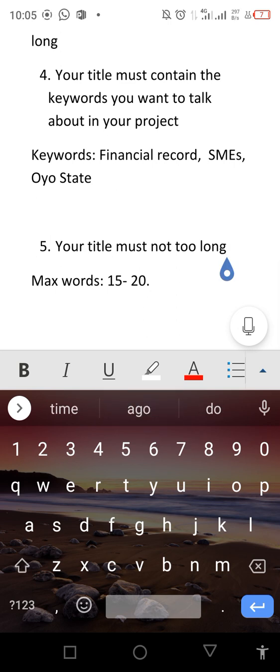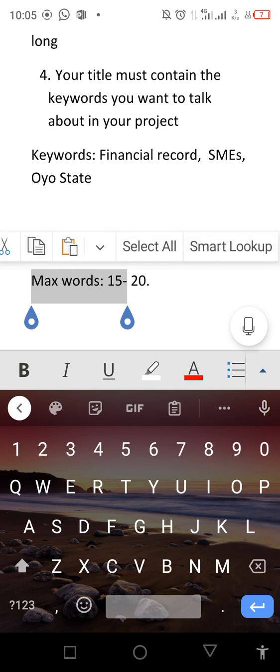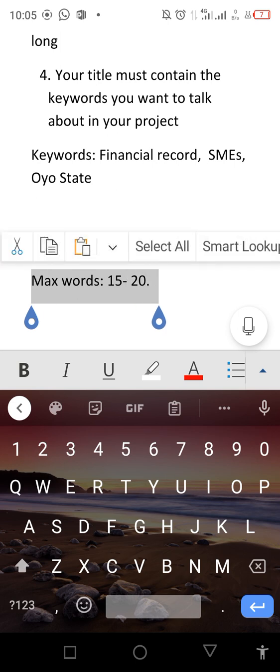I think the rule of thumb is that the maximum number of words your research title must contain is 15 to 20. It could fall below 15, that is okay. But the maximum is either 15, some nip it in the bud at 15, and some still extend it to 20.